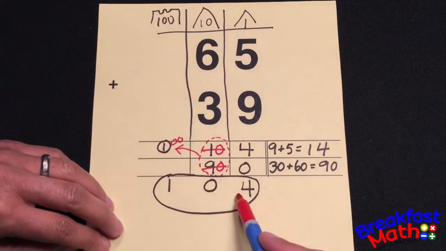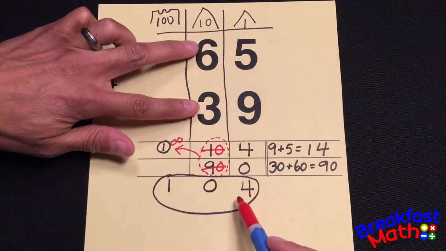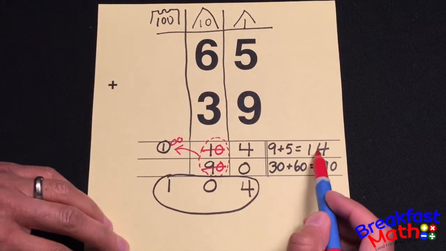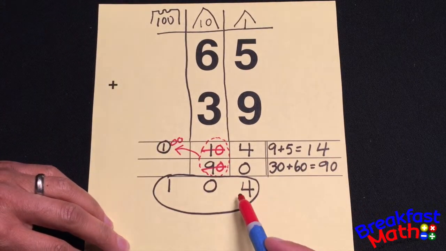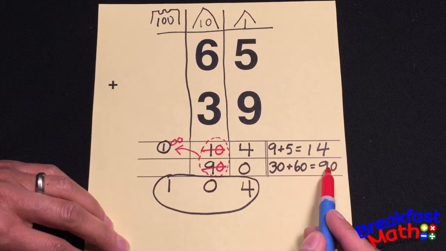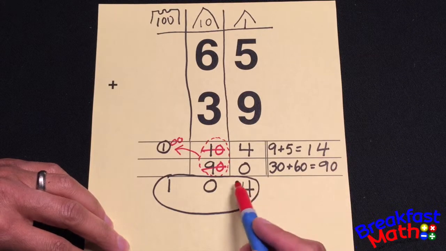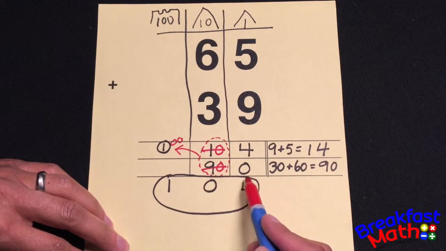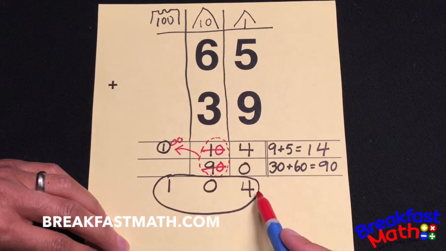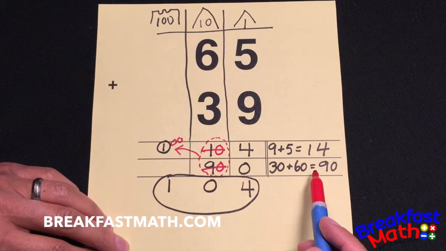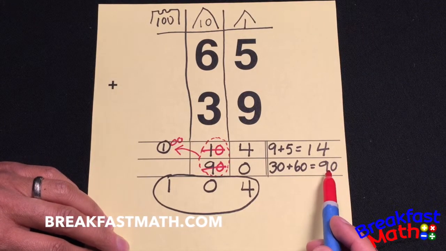So 104 is the sum of these two numbers, okay? And 14 is part of that number. So 30 plus 60 is 90, and just like 14 is part of 104, 90 is a partial number or a partial sum of 104. So hence the term partial sum addition.